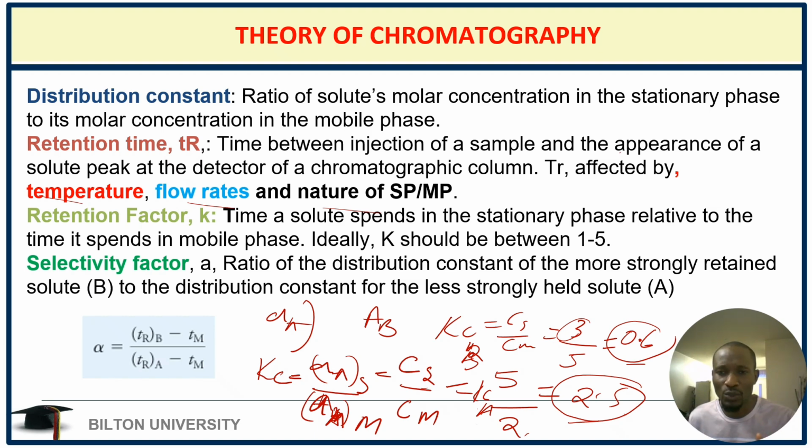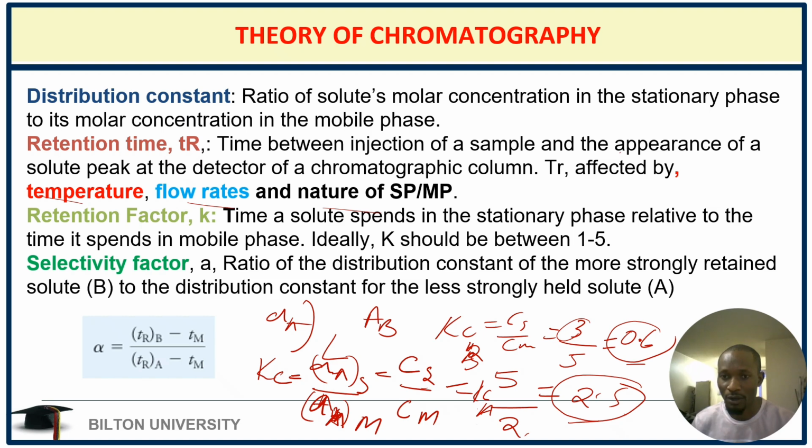And when it comes to liquid chromatography, whereby the mobile phase is a liquid, if you increase the temperature of a liquid, you are breaking the intermolecular forces, like the hydrogen bonds and London dispersion forces within that liquid, and therefore you are going to reduce the viscosity. Remember, viscosity is the resistance to flow of a liquid.